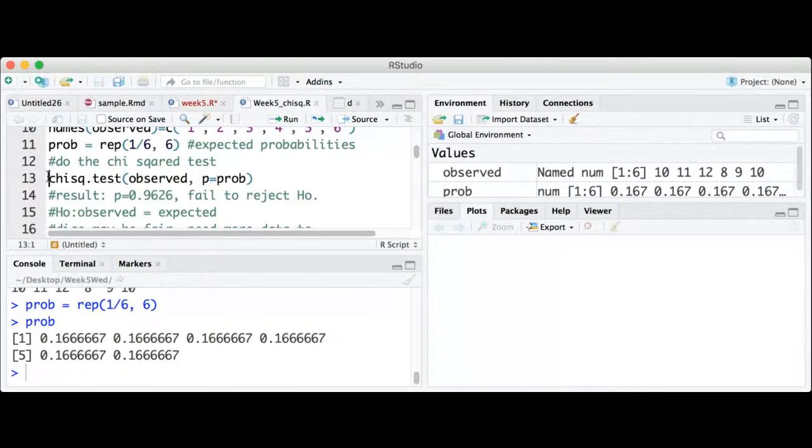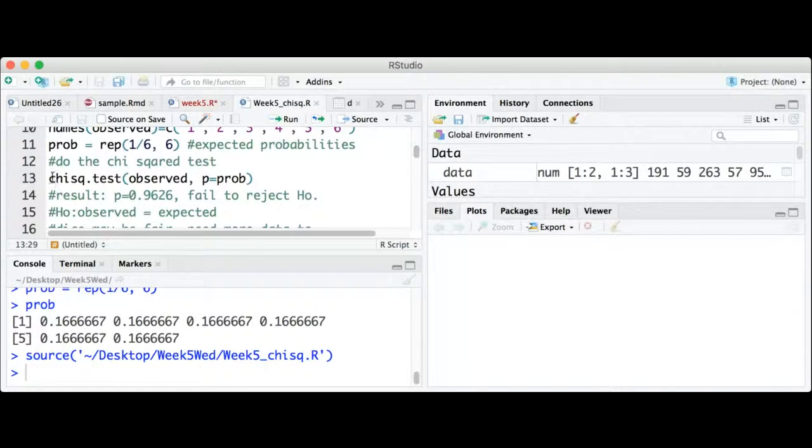So the simplest use of the chi-squared test is I just give the observed data with these expected probabilities. There are various ways you can call the chi-squared test. If you check the help, you can also give it the expected numbers instead of the probabilities. But the most common way is to give it the probabilities, because that's what you use the test for.